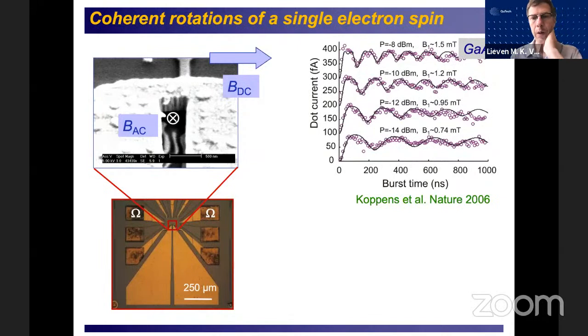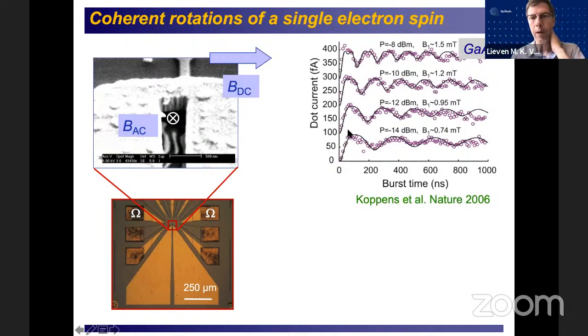So here then are the first data. This is also from our group in 2006. First data showing coherent control of a single electron spin on such a quantum dot. And the coherent control was achieved using magnetic resonance. That is to say, you have an oscillating magnetic field on resonance with the spin transition energy. The longer you apply that resonant magnetic field, the more times you rotate the spin around the Bloch sphere.